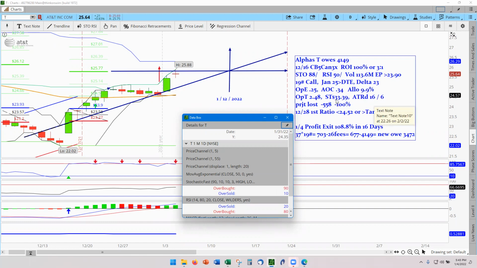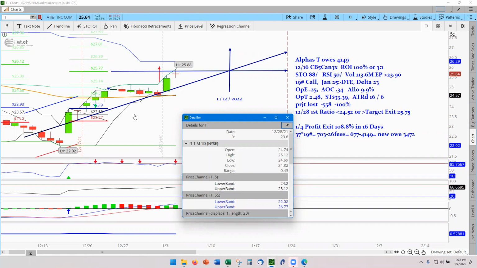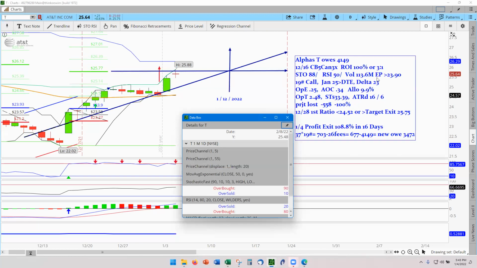The anticipated getting 33.39 would have paid back all the 4,449. That is what this information down here means. The projected loss was $558. With 100%, we would have lost 100% if our retracement had come all the way back down to here. The reason why is because we have so many contracts and delta is so low. So this would have resulted in 100% loss had it reversed.